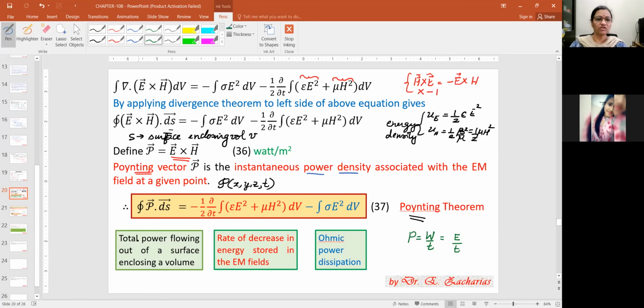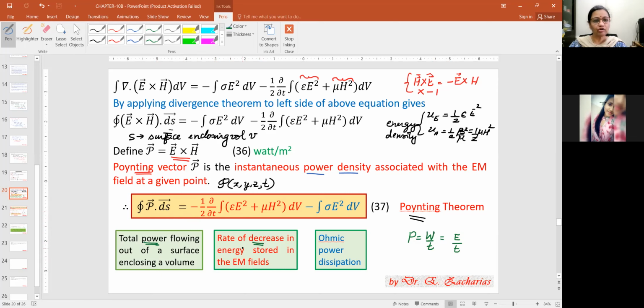So the left hand side is the total power flowing out of the surface, and that is going to be equal to, where is this power coming from? It is coming from the energy inside. It is given by the rate of decrease in the energy stored in the electromagnetic field.